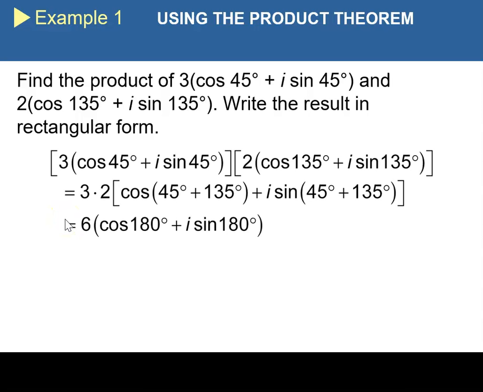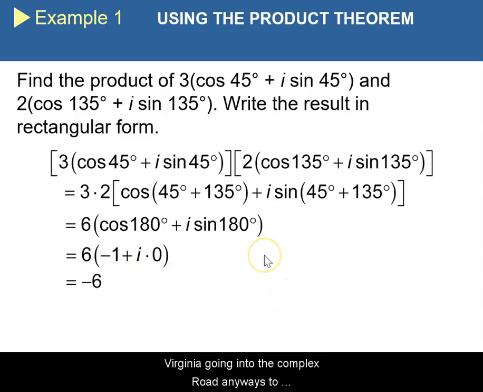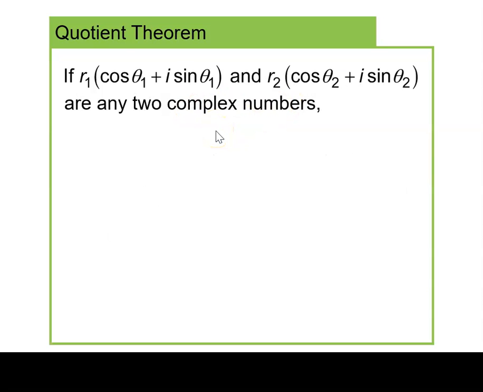That's not too bad. But you end up going into the complex world anyway to get the values. So you can turn each into a complex number and do the exact same thing. It's up to you.